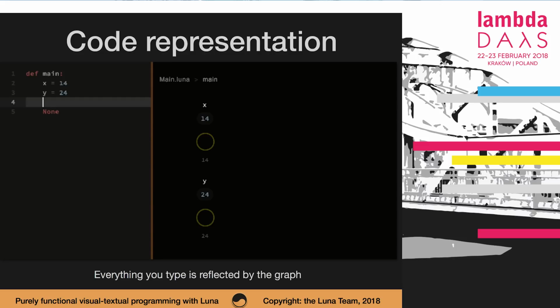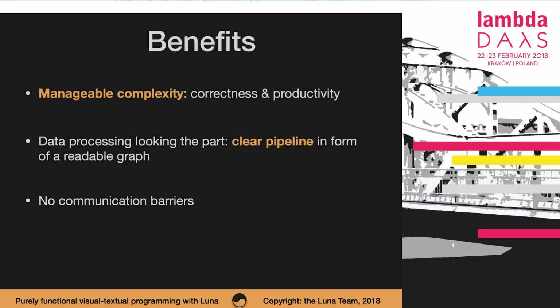Okay, so what are the benefits of this approach? Well, first of all, you get something that I like to call manageable complexity. It's so much easier to write correct programs quickly when you actually can view the abstraction on different levels and have the clear layers of abstraction.